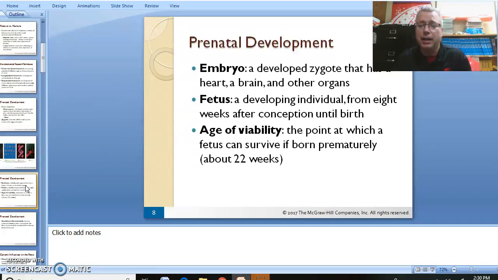This is why it's very dangerous for premature babies to be born so early, because the lungs are the last thing to develop. And the youngest that a fetus can survive born prematurely is at 22 weeks, and that's just past half of pregnancy right there.